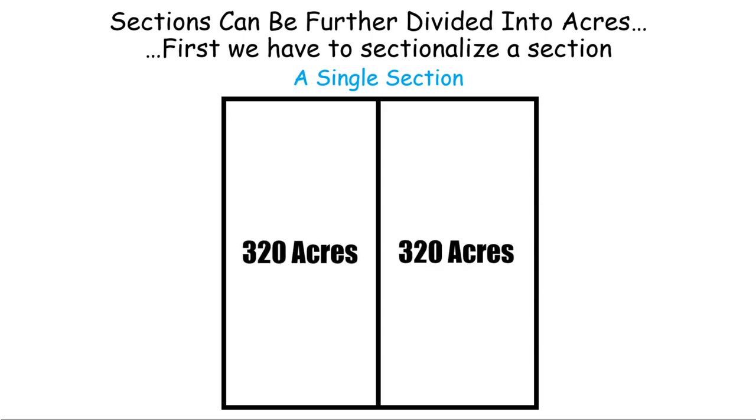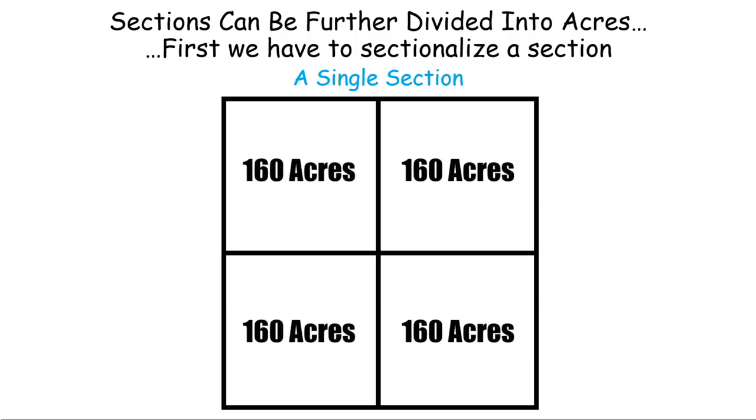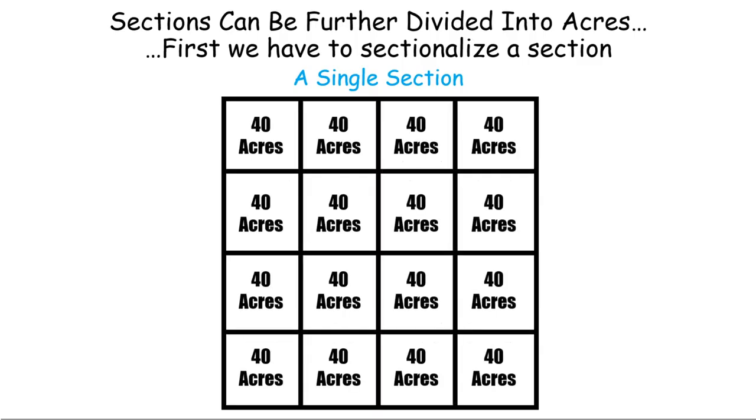If I cut that into the east half and the west half, that's pretty simple. We know that 640 divided by 2 is 320 acres. Now, can we cut that down yet again into quarters? Of course. So 320 divided by 2, that means each quarter of a section is going to be 160, 160, 160, 160. Can we divide that even further?